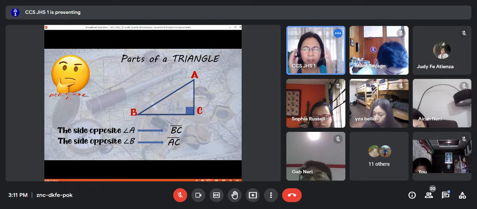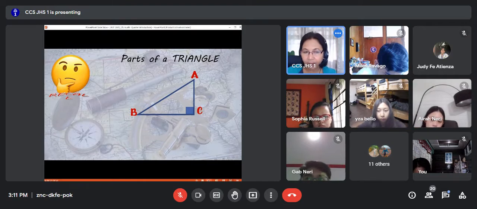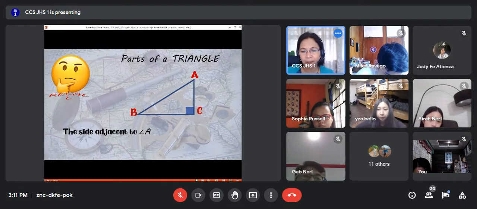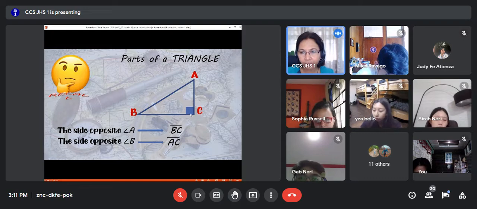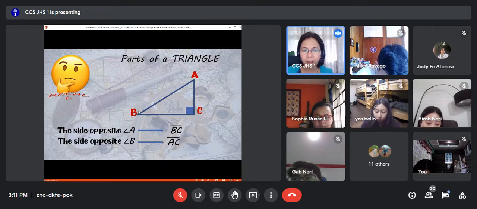So we will be dealing here with two words, opposite side and adjacent side. And also, class, we will only be dealing with the acute angles of the right triangle. We will be solving for the trigo ratios of the two acute angles of the right triangle.